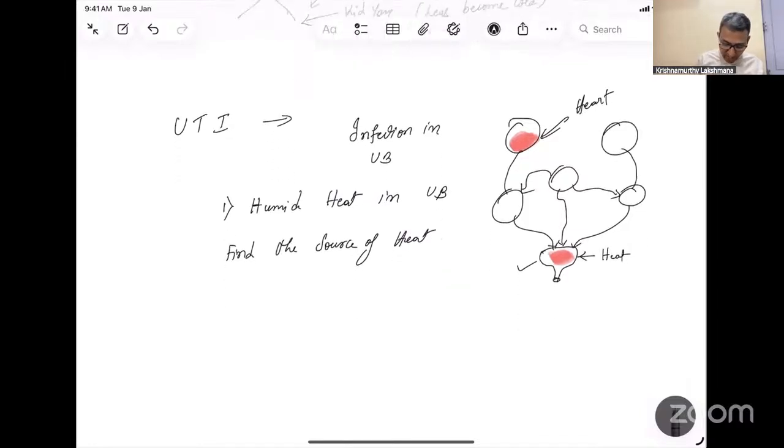In the organ clock, we have heart, and from there it will come to small intestine, and from there it can come to urinary bladder. So from heart it can come to SI, and from there to UB. So you will have to understand whether the heat is in the heart, the heat is in the SI, or it is because of the UB. Making sense?